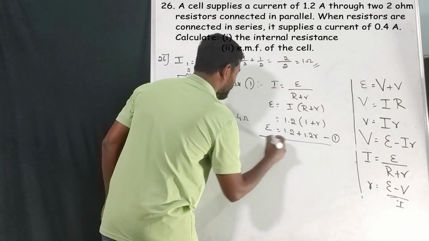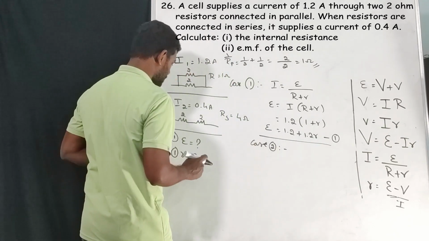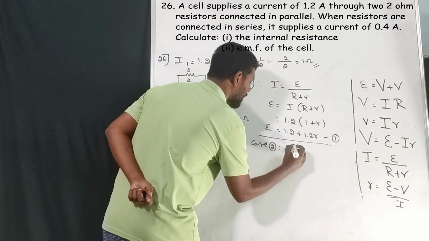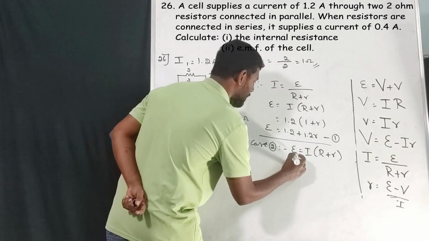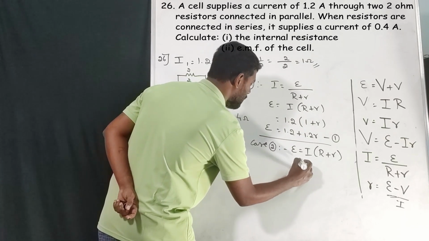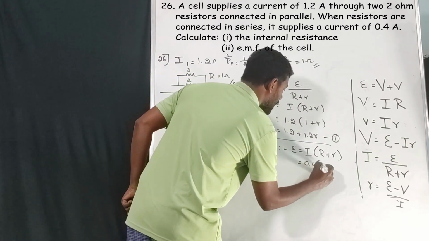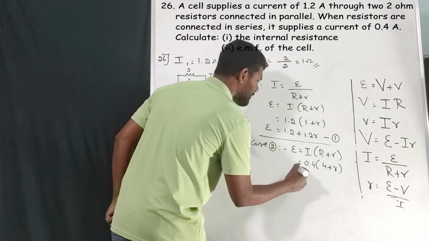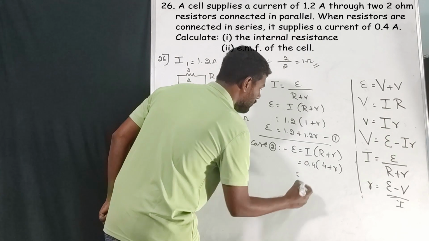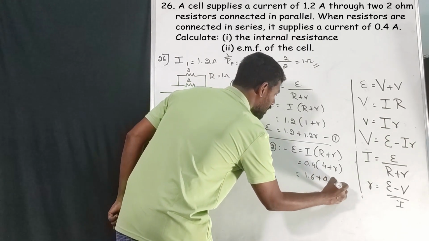Next, for case 2, the same formula, E is equal to I into R plus r. E is what we have to find. I is 0.4, R value is 4, plus internal resistance which we don't know, 0.4 into 4 will be 1.6 plus 0.4 r.